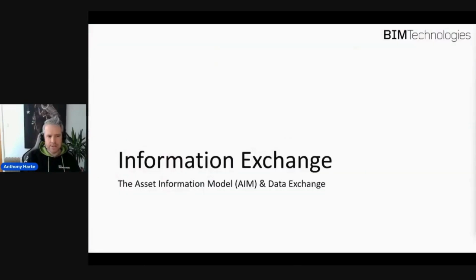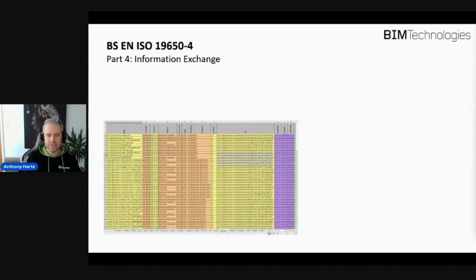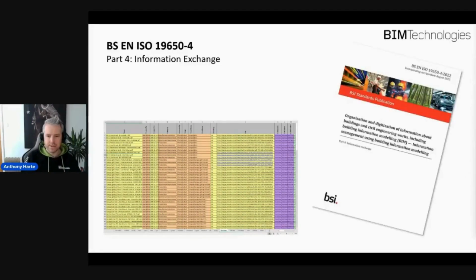In order to do that, there needs to be an information exchange process, and this is covered in the ISO 19650 Part 4, where at the end of the project, those components are part of the asset information model, and they're delivered in the standard form of COBie.